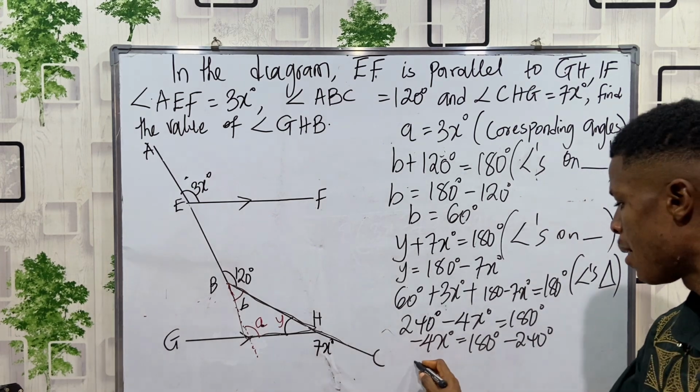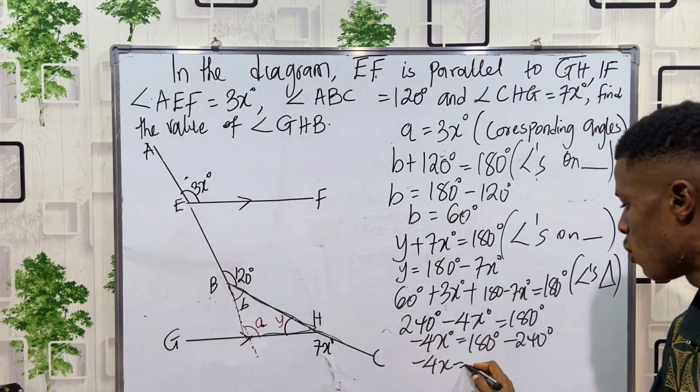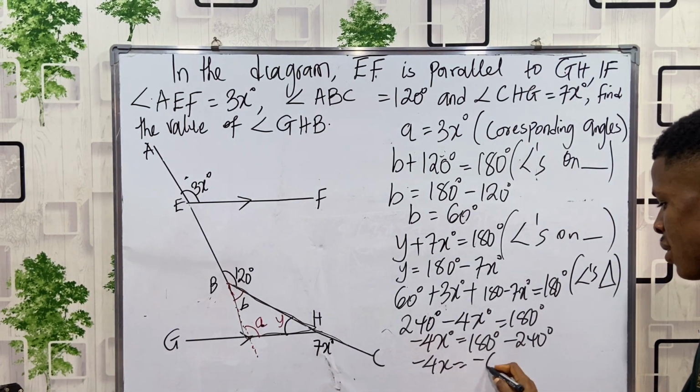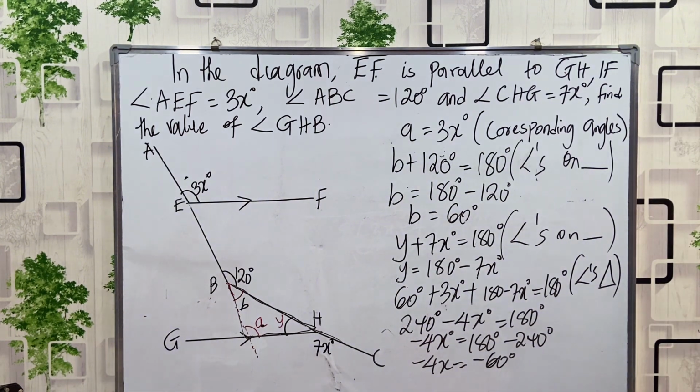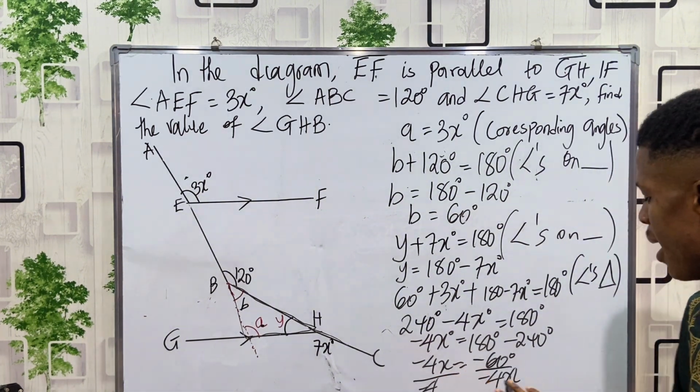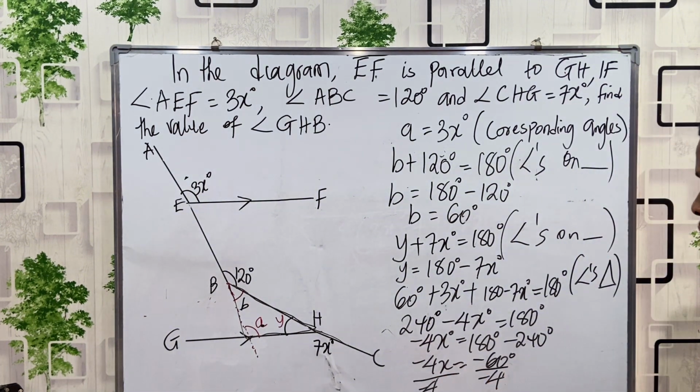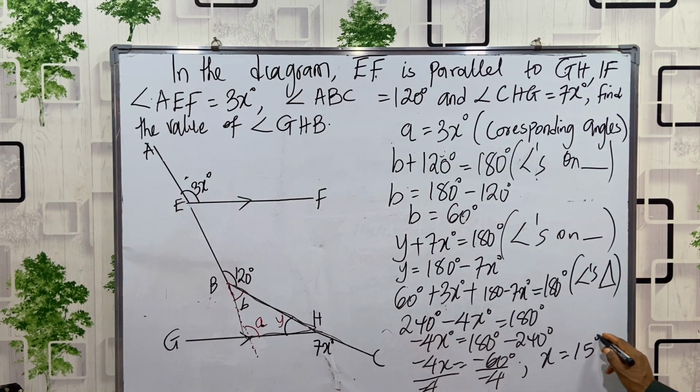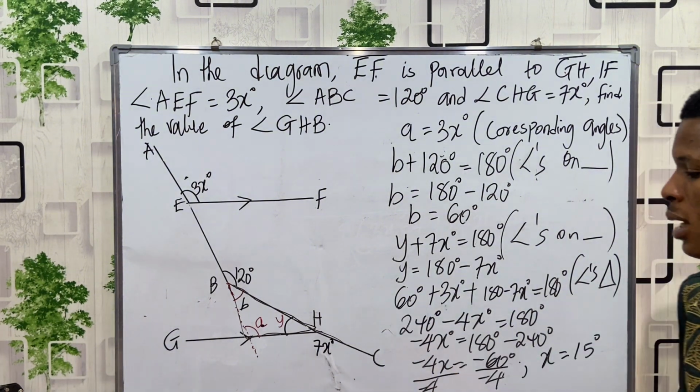Then minus 4x equals minus 60 degrees. The next thing is to divide by minus 4 on both sides. Dividing by minus 4, x is 15 degrees. So x is actually 15 degrees in this particular problem.